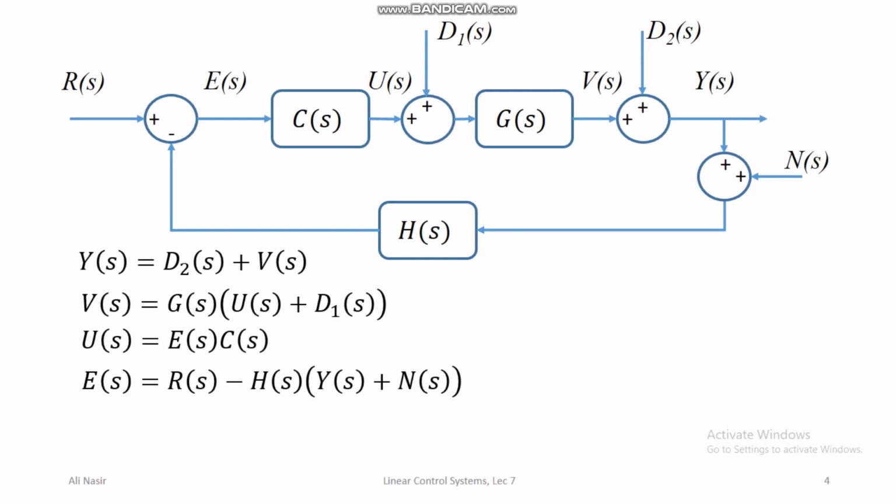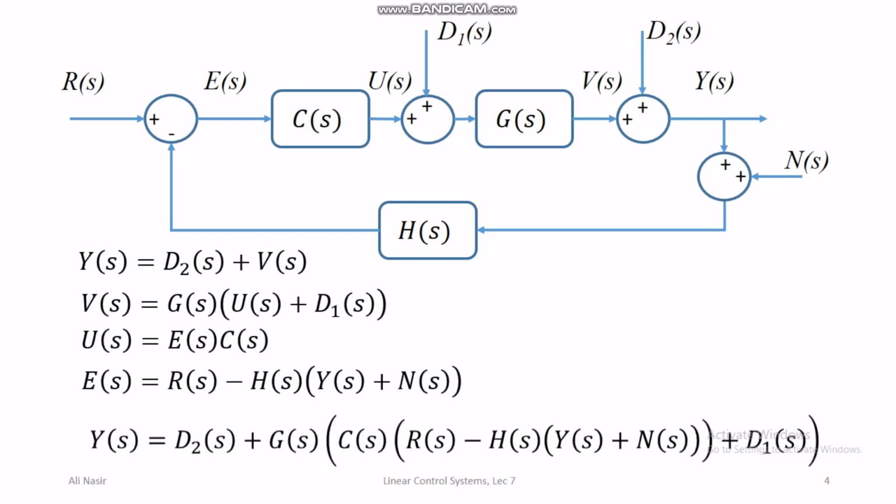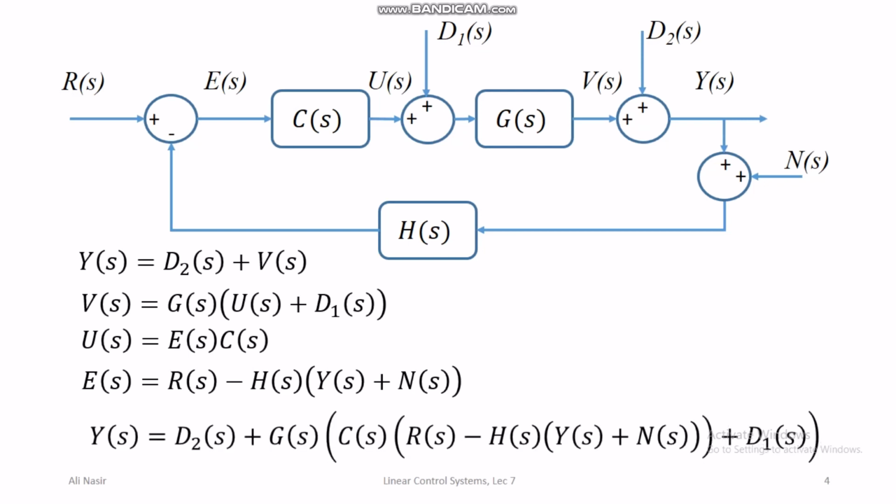These are the equations that govern this block diagram, and we can use them. In the equation for Y of S, if we substitute the expression for V of S, and in that expression substitute the expression for U of S, and in the expression for U of S substitute the expression of E of S, then we get the equation at the bottom of the slide.